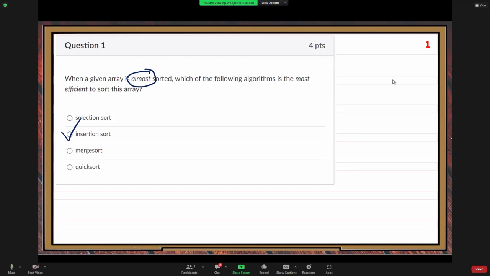Because of this property, almost sorted, that means most of the elements are in order, but there are some clusters at scattered locations that are unordered.